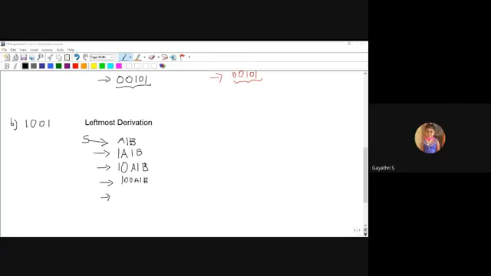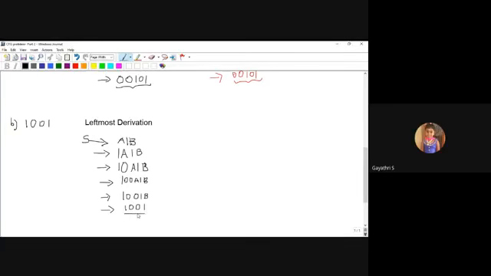For this A, epsilon. Epsilon means we write the remaining part, very simple. Again for B also epsilon, right? So 1001.